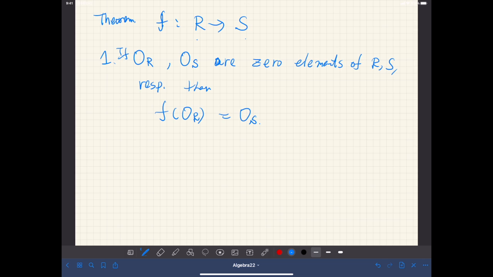So that means the zero element is mapped to the zero element by a homomorphism.